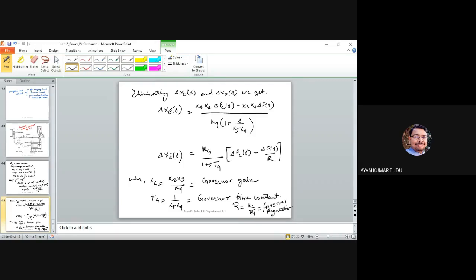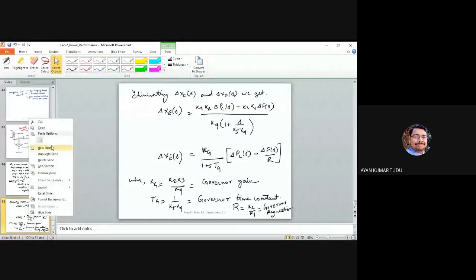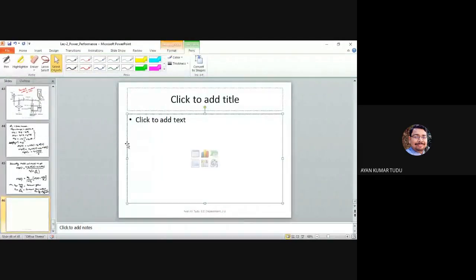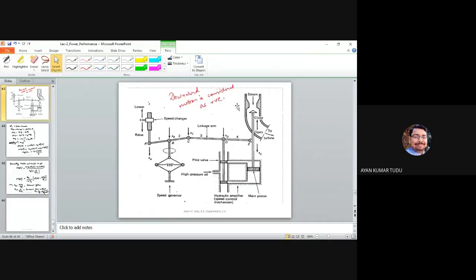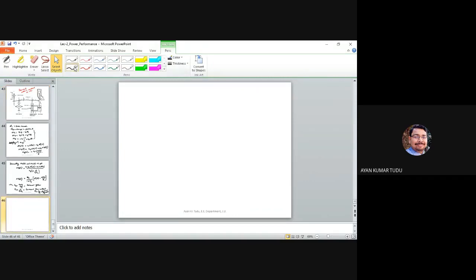As you can see from this expression, we are obtaining the governor transfer function. So how can we write the governor transfer function? We can write it in this way. This whole expression can be expressed this way.